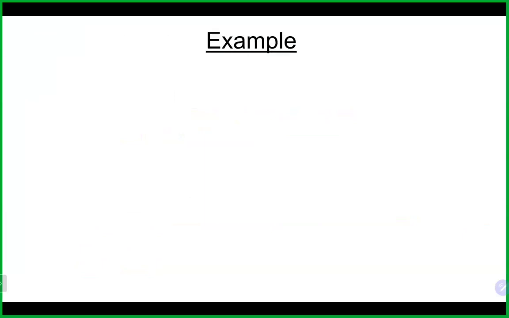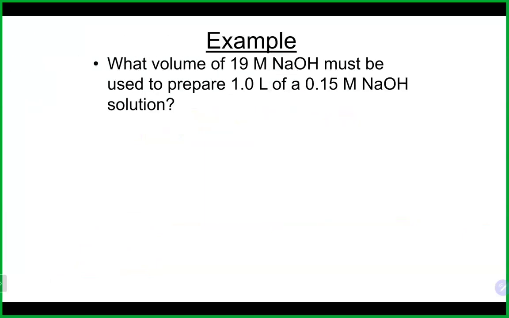All right. So why don't we try one here and see what happens? What volume of 19 molar sodium hydroxide must be used to prepare 1 liter of 0.15 molar sodium hydroxide? Okay, so let's take a look and see what we've got going on.